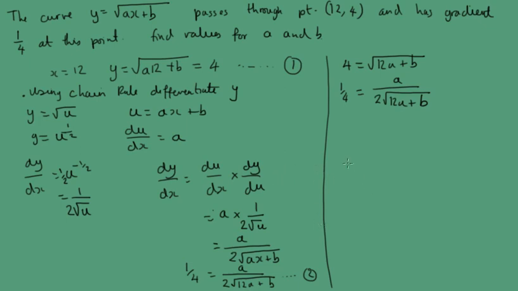And solving these simultaneous equations, we get 2a equals 4, so a equals 2. Substituting that back in, we'll get b equals minus 8. So y equals the square root of (2x minus 8). So I hope that helps.